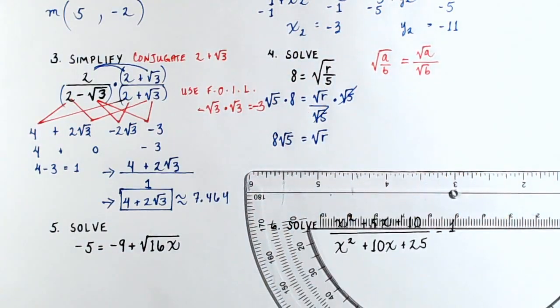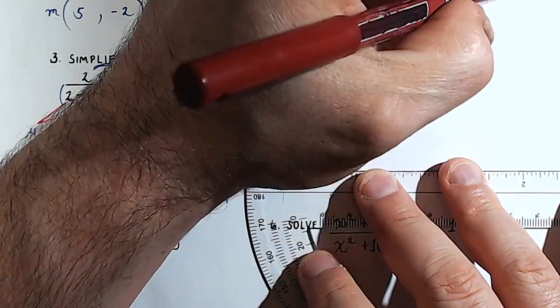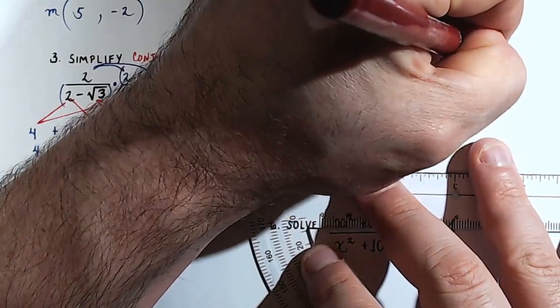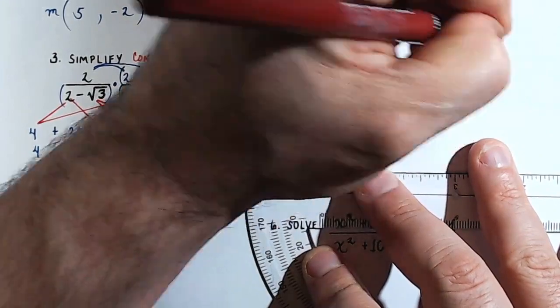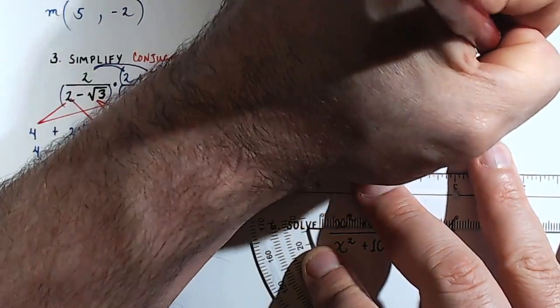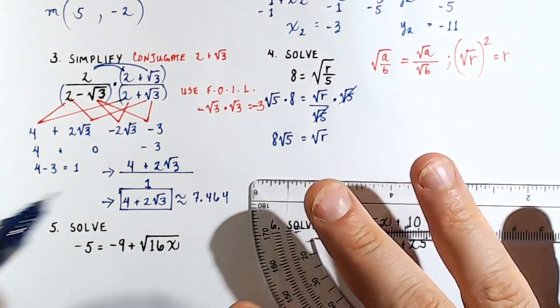Now, how do I get rid of the square root r? Well, another rule, the square root of r squared equals r. All right, so I just need to square both sides.